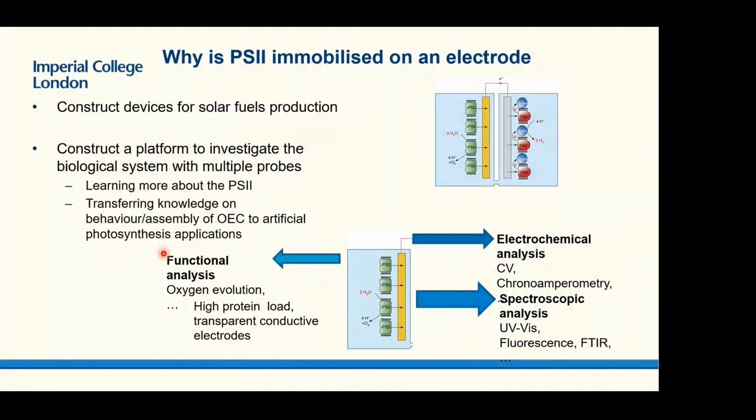In terms of why you want to immobilize photosystem 2 on an electrode, people suggested that you can construct a bio-hybrid system that will allow you to source, let's say, different alternative energy sources, but this is highly debated because the lifetime of the protein, once it's isolated from the cell, is very short.